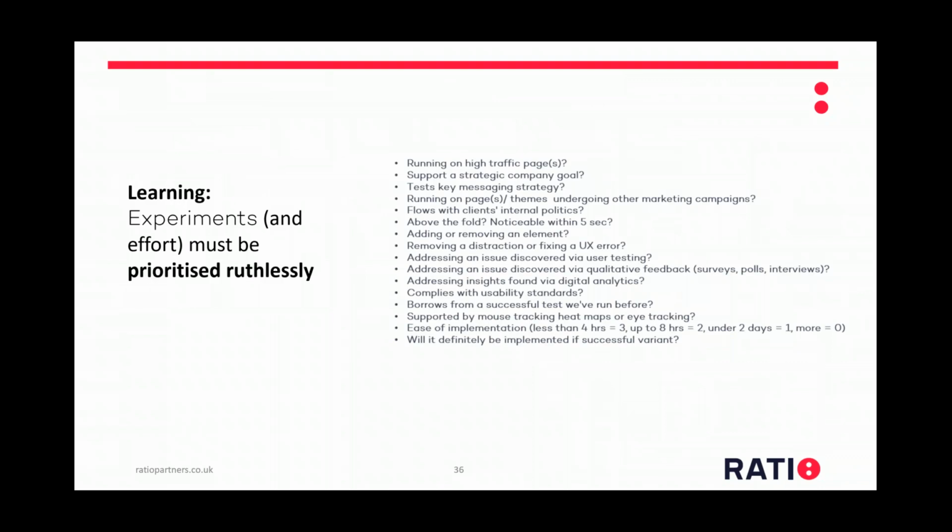And that's another learning: when you have an experiment, you need to prioritize it ruthlessly. You should have a list of hypotheses, not just one, and you should be asking these sorts of questions and using that to prioritize. These are questions we've developed after a lot of trial and error, but it could be as simple as having 3 criteria: how much effort it is to implement, how much impact it will have in terms of uplift, and the size or number of visitors moving through that journey relative to the rest of your website.